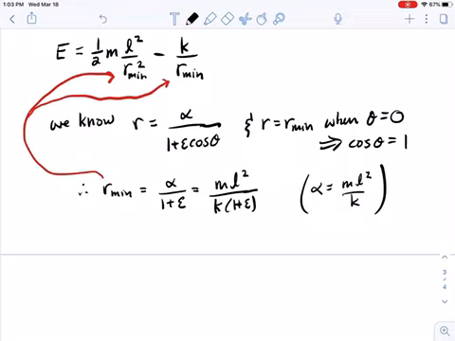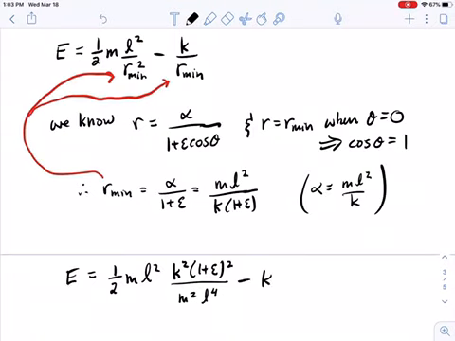Okay, so we're going to get an expression for the total energy of our planet-sun system is 1/2 m. We'll get an L squared and then 1 over our r min squared. So that's going to give us a k squared times 1 plus epsilon squared over m squared, and I guess it's L to the 4th, isn't it? And then we get minus k times 1 over r min, which is going to be another factor of k, so we get a k squared times 1 plus epsilon divided by m L squared.